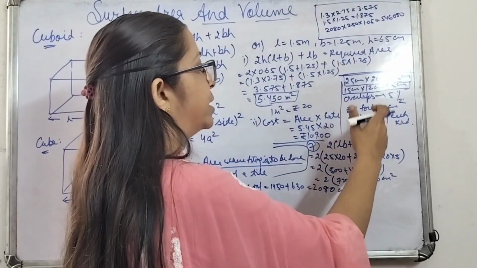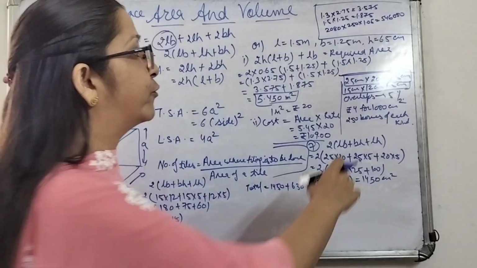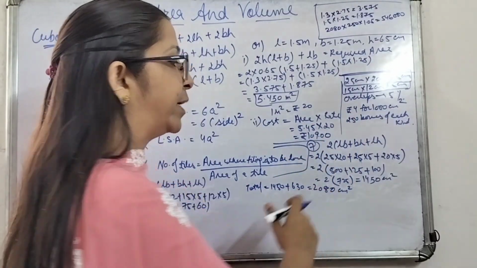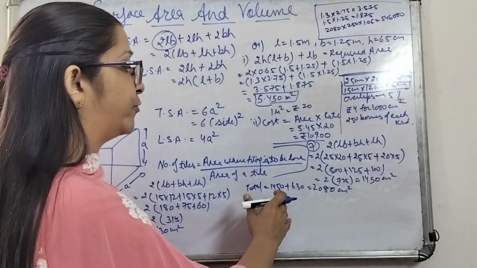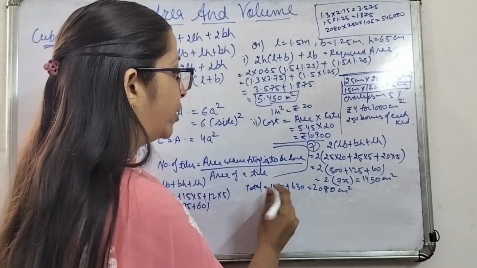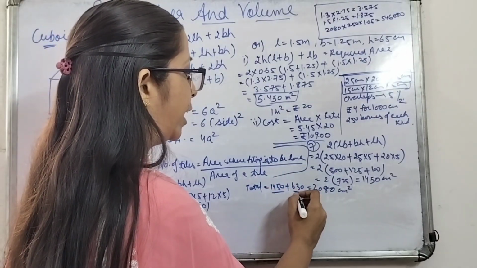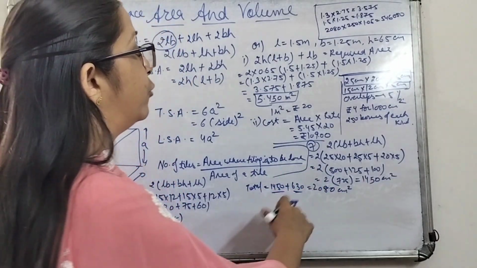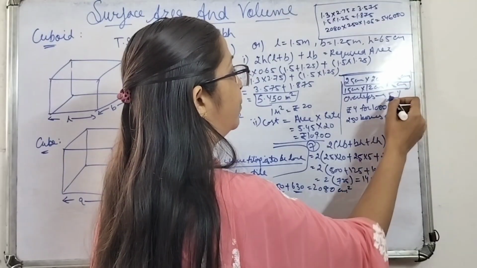Now both the boxes are required 250 times, so we will be multiplying it by 250 for 250 boxes. This is for one box of bigger dimension and for smaller dimension also. And now 5% extra we have to take.